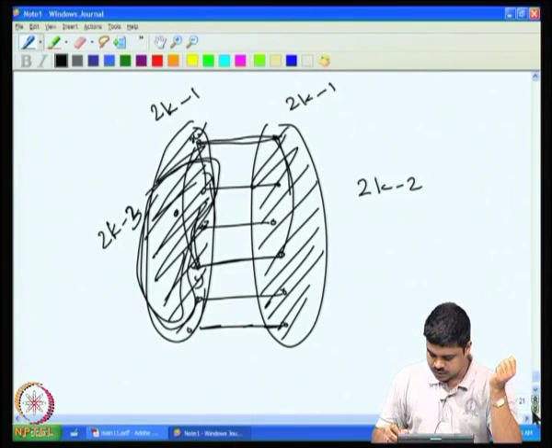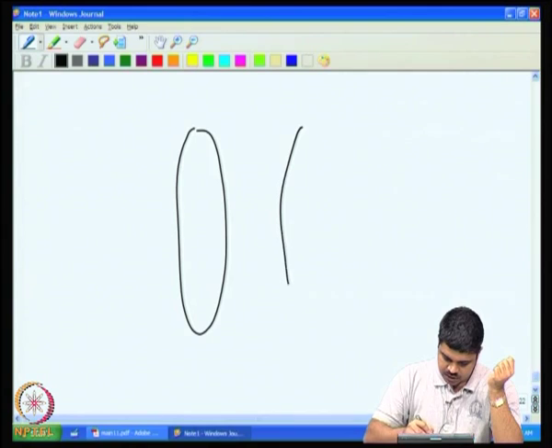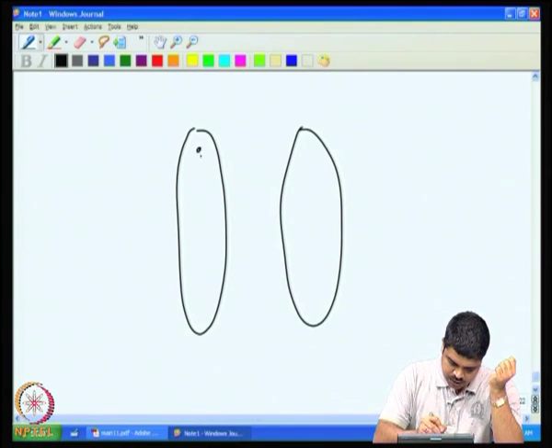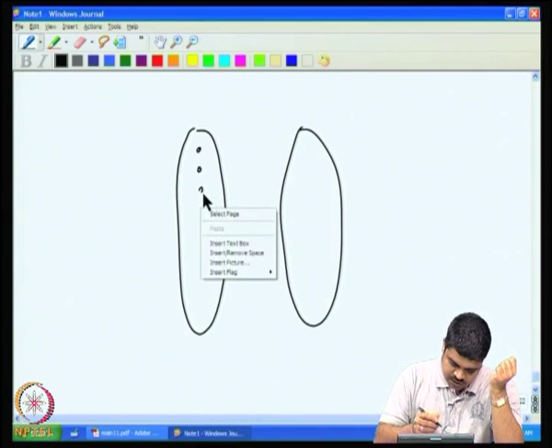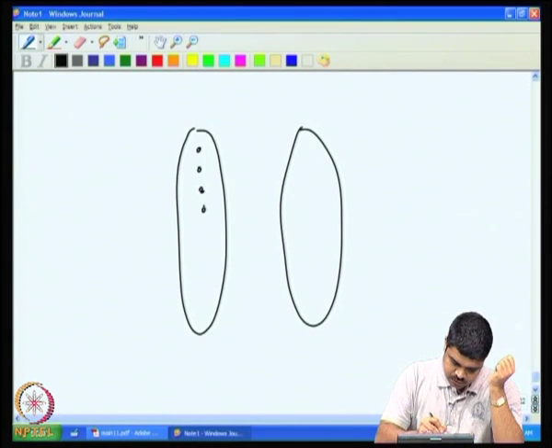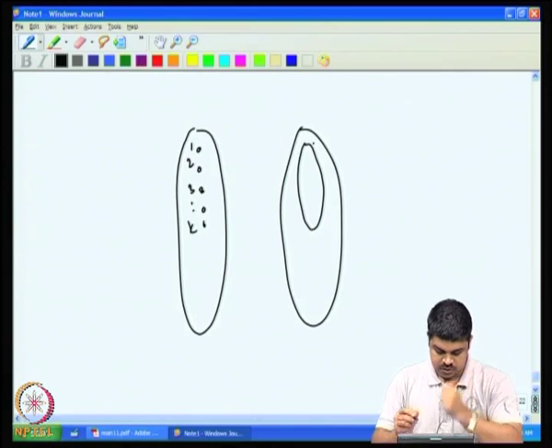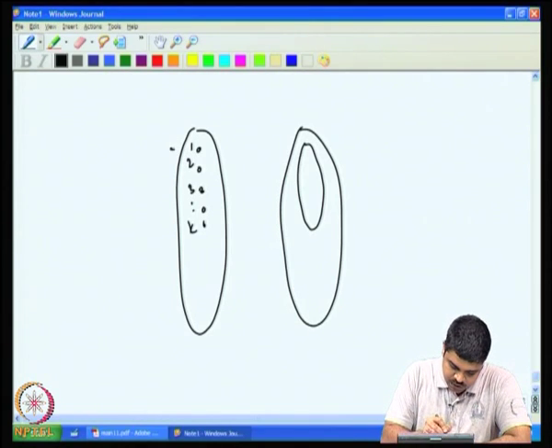Why? Because see the simple argument here. If you look at the k vertices here, 1, 2, 3, 4, up to k, and you say that this is my S1, this is my S2, and this is my Sk.